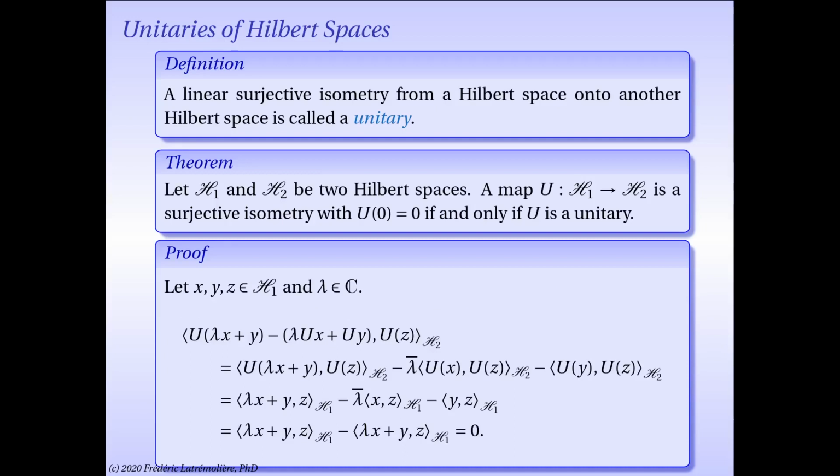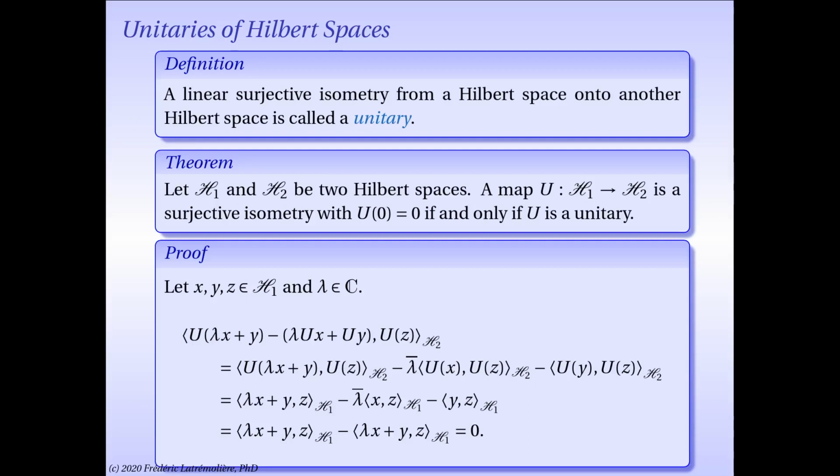Using this observation, we now prove U is indeed linear. To do that, we take x and y, two vectors in the domain of U, and lambda a scalar. And we'd like to prove that the vector U of lambda x plus y minus lambda U of x plus U of y is the zero vector.